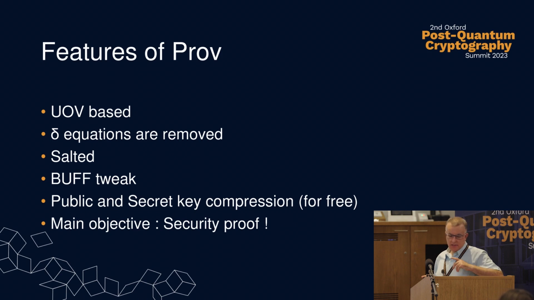And as I said, I will describe in the signature the role of the salt and the BUFF tweak. And of course, the mechanism for compressing the key is still available for PROV.